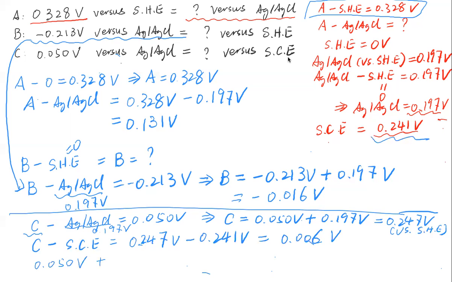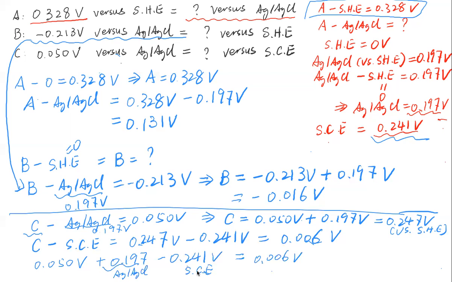You first add the silver chloride potential up to it, and then subtract the SCE. By doing that, you will get the same thing. So 0.050 plus 0.197, you get 0.247, and subtract 0.241, you get 0.006.